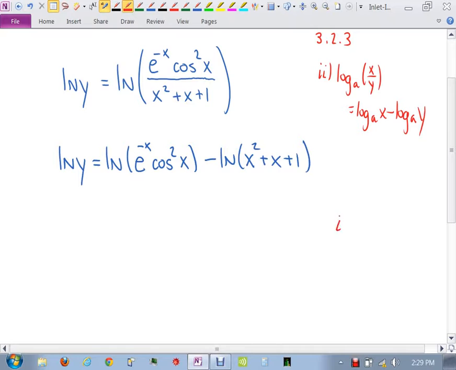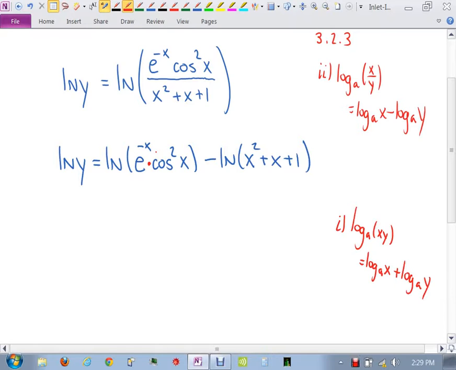Now in my notes there's another property that says that log base a of x times y is log base a of x what? Plus log base a of y. So do you see in this first natural log with the e to the negative x, do you all see multiplication between the e to the negative x and the cosine squared?